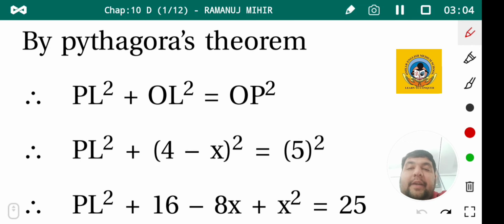So by using the Pythagoras theorem, PL square plus OL square, the other two sides of the right angle triangle, is equal to OP square. Now place the values: PL square plus (4 minus x) square is equal to 5 square.